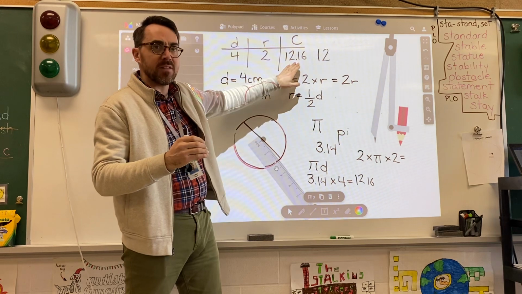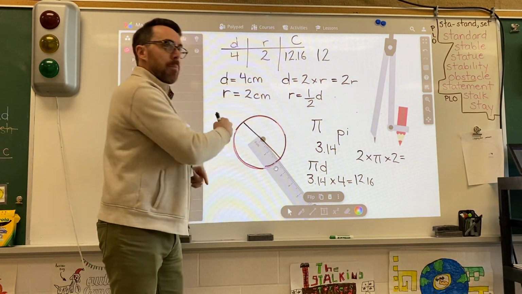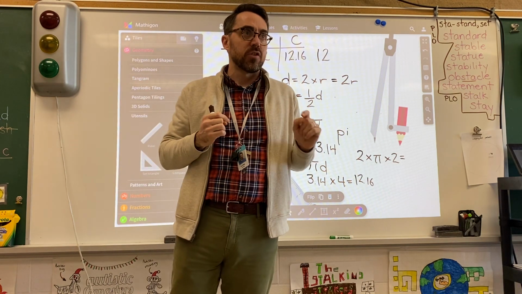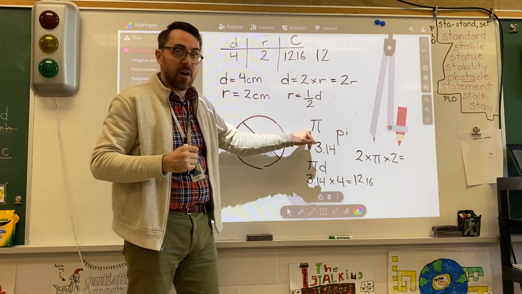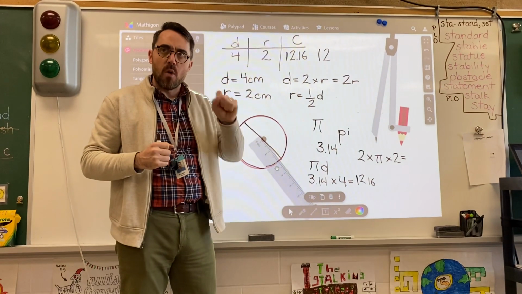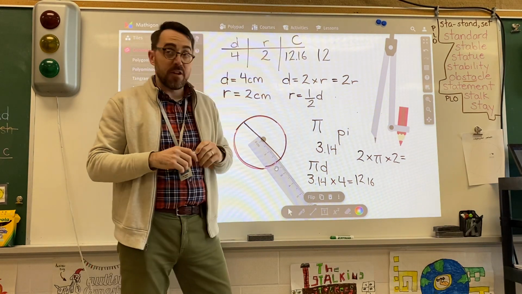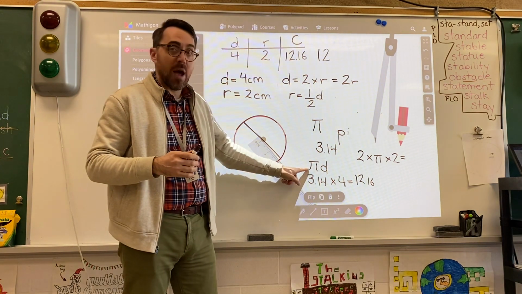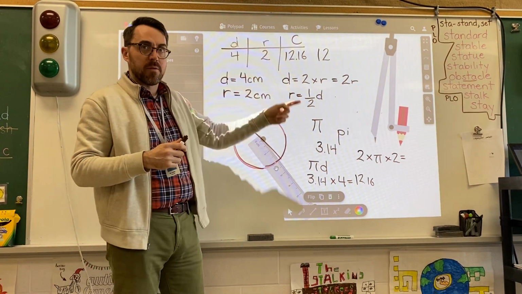And circumference is about 3 diameters to wrap around that circle. But you can substitute pi in there, which is about 3, and gives us a more accurate answer. And then to find circumference, right, we times pi by d, by that diameter.